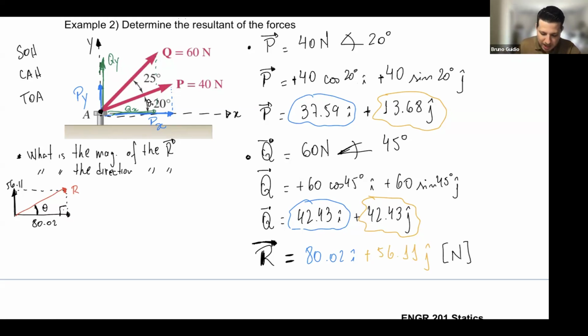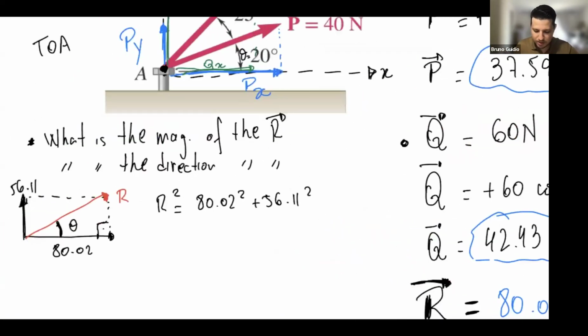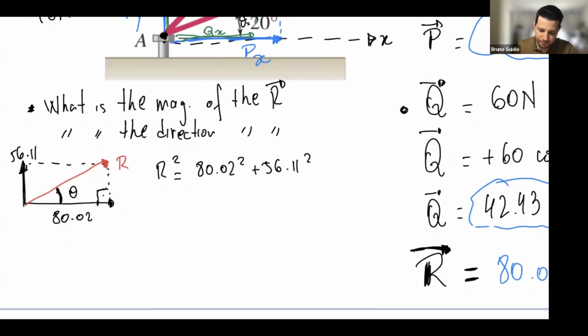Okay, what we mentioned yesterday? R square equals 8002 square plus 5611 square. Like this. R is going to be the square root of those guys there.